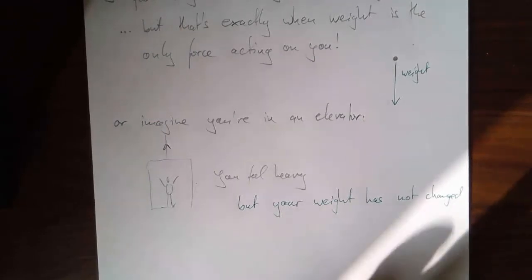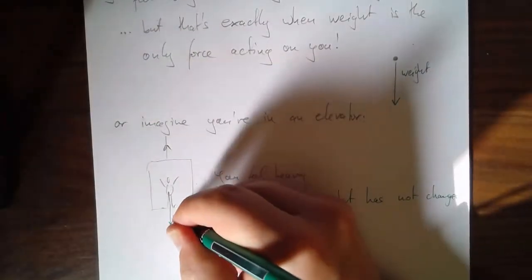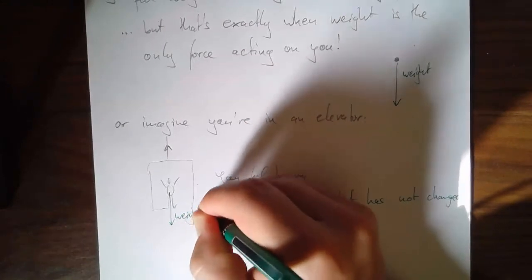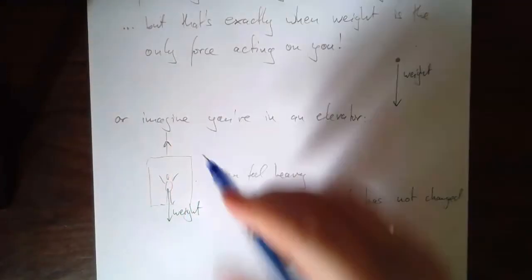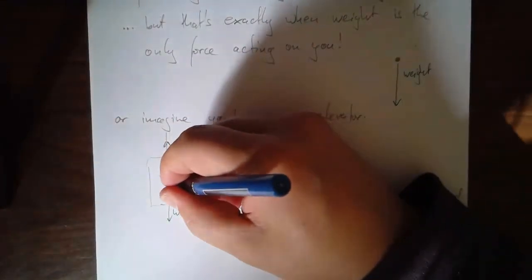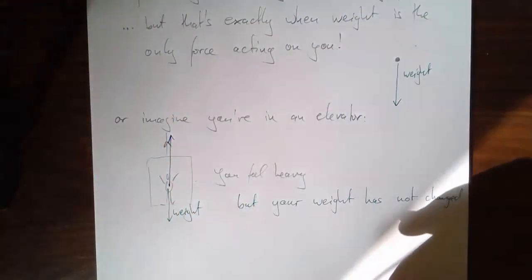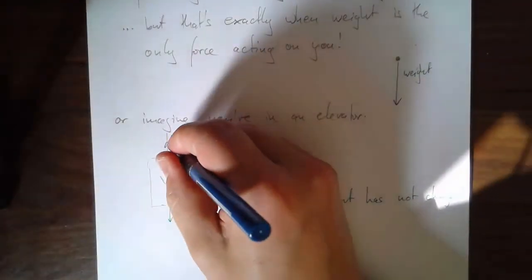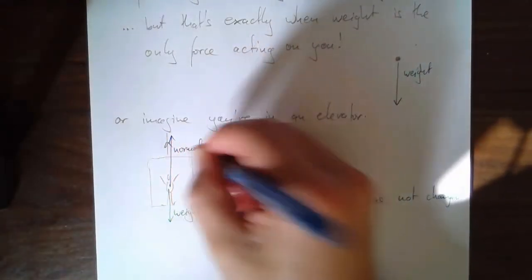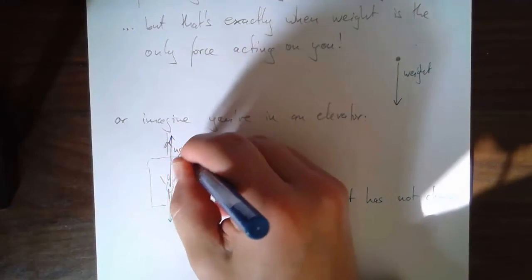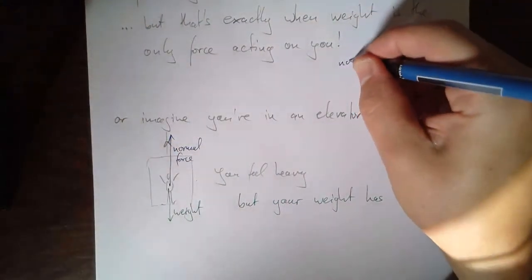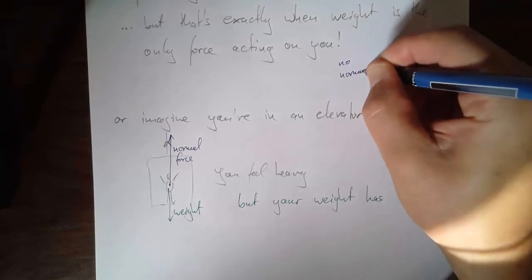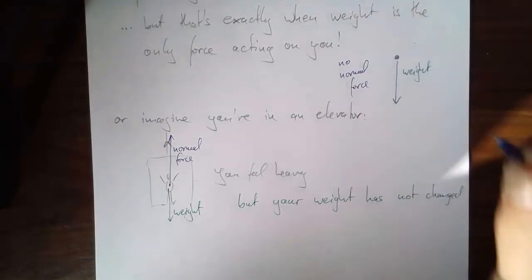Well, in this case here, right, the weight is the same as always, because the Earth doesn't care, it pulls with the same strength. But if this thing is accelerating upwards, that means its normal force must be bigger up. We'll come back to that in a second. Well, in the next video. In this case here, there's no normal force. Because you're falling, right?